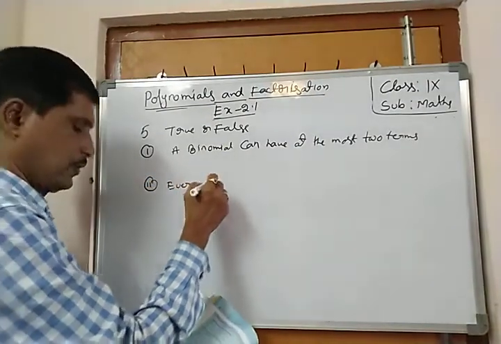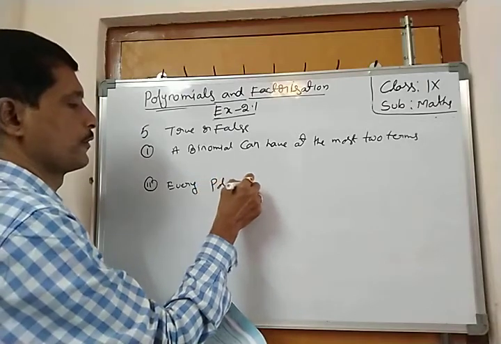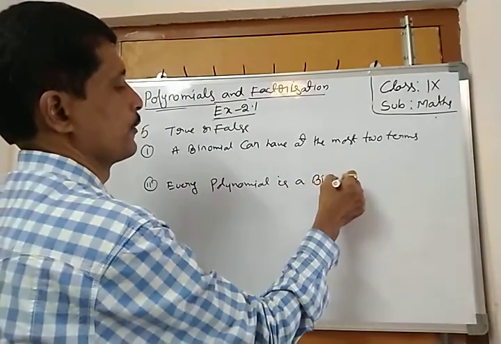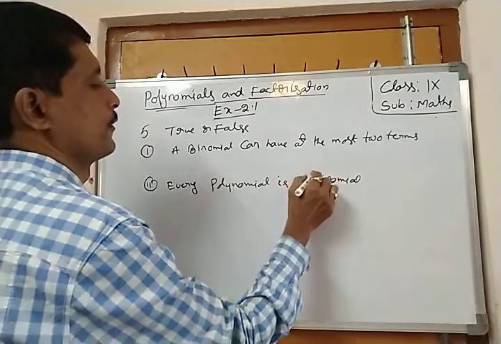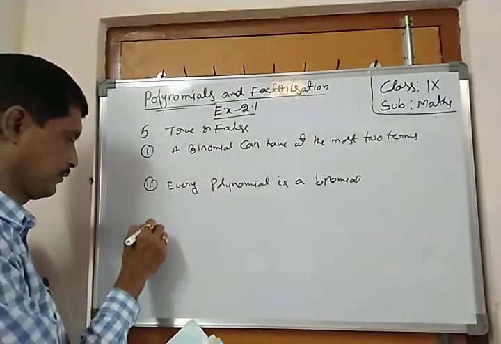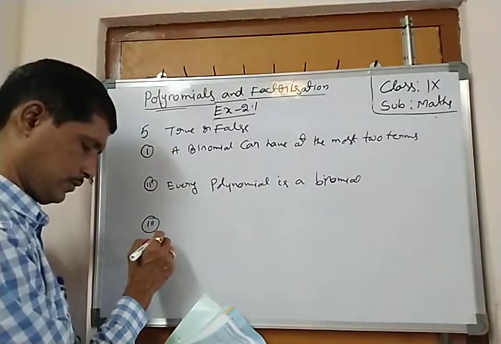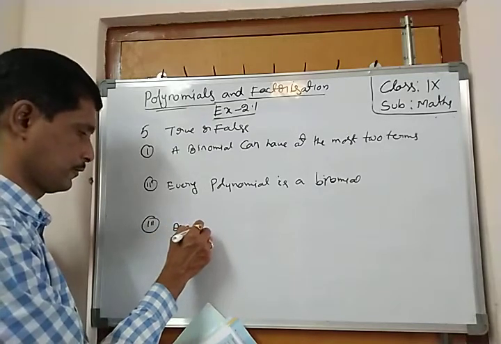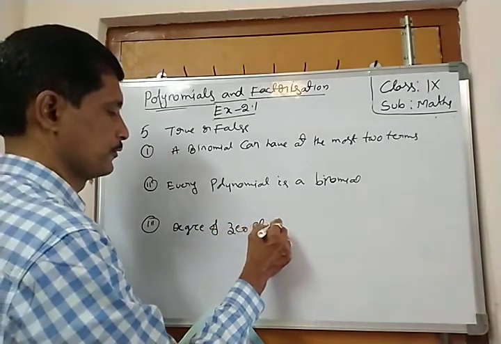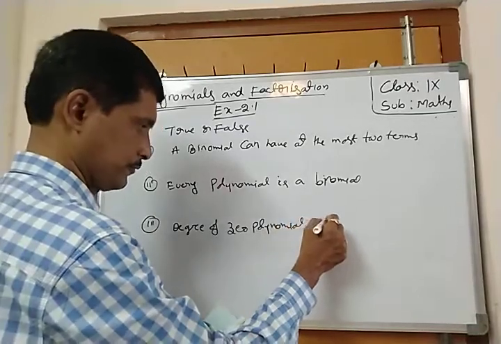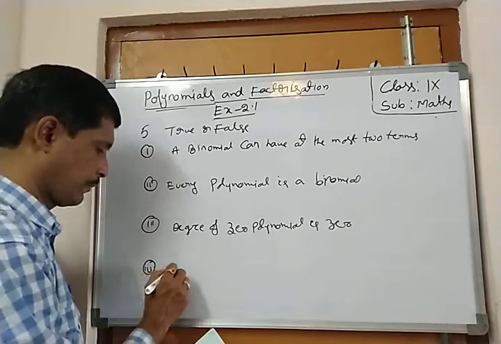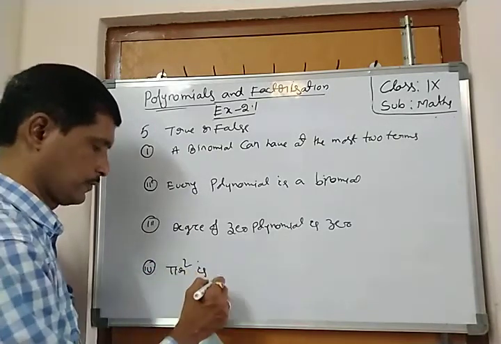Every polynomial is a binomial. Degree of zero polynomial is zero. Pi r square is a monomial.